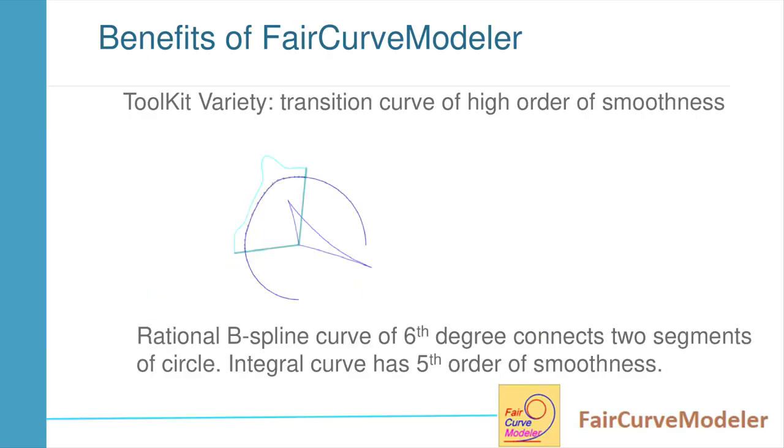A technique for constructing transition rational B-spline curves of high degrees has been developed. The original curves can have an arbitrary format and degree. In this example, a rational B-spline curve of 6th degree connects two segments of a circle. The integral curve has fifth order of smoothness.